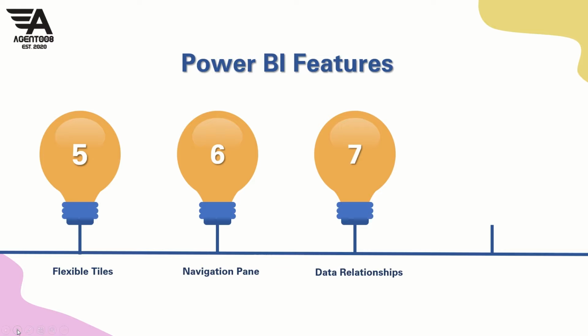We have something within Power BI called data relationships. What do we mean by data relationships? As I mentioned, maybe within your file you have a scenario where you have 4 data sources and you want to build a report, and each data source has specific information that is not available in the other sources, but you have a key column or unique column that exists in all data sources.